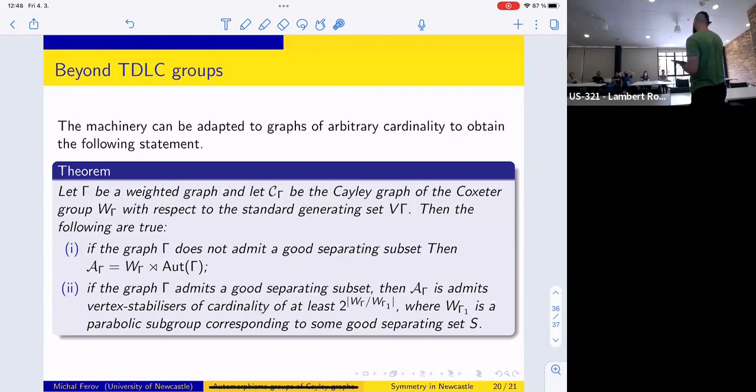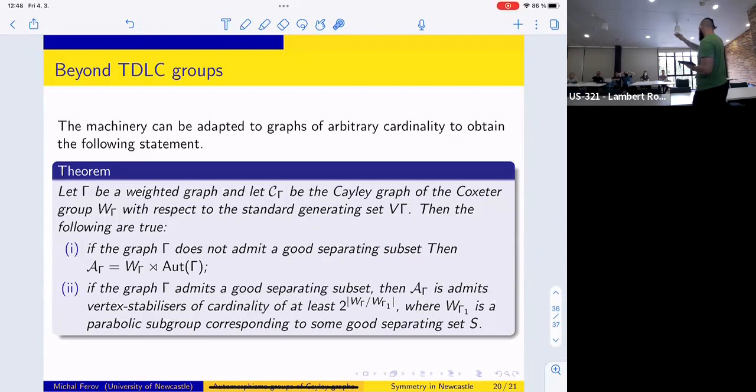I would take a Coxeter group that is infinitely generated, where the size of the generating set could be any cardinal, but still I get some structural information about the automorphism group of that infinite graph.